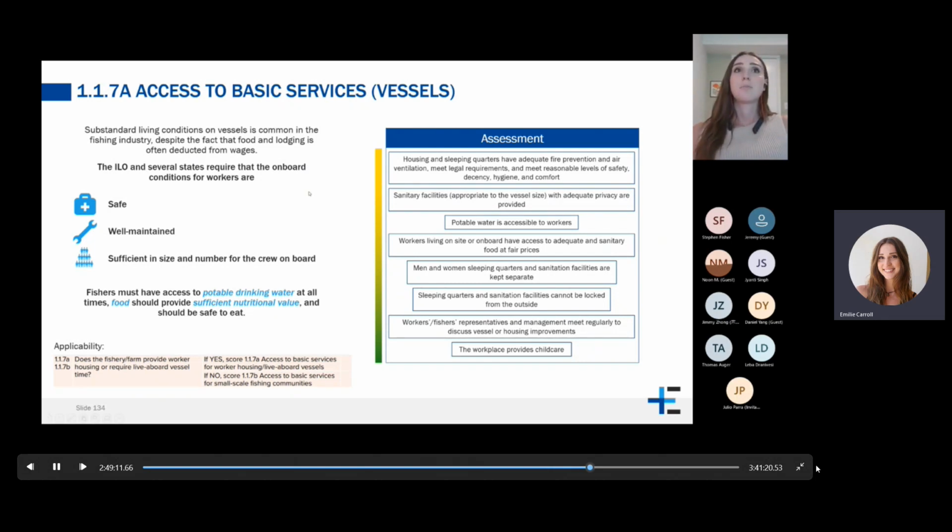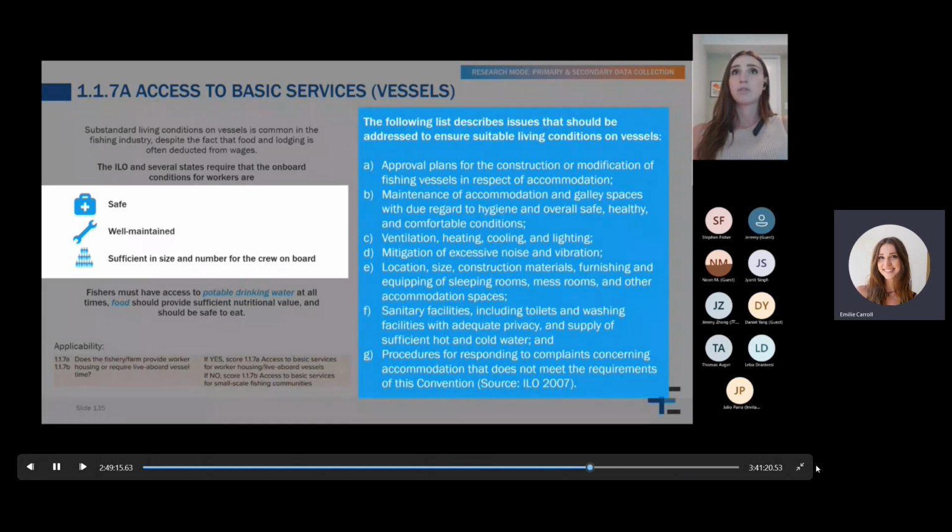Just to elaborate a little more on what safe, well-maintained, and sufficient in size and number really refers to here, looking at guidance from the ILO. First and foremost, that there are approval plans for the construction or modification of fishing vessels, and that the maintenance of the accommodation and galley spaces has due regard for hygiene and overall safe, healthy, and comfortable conditions.